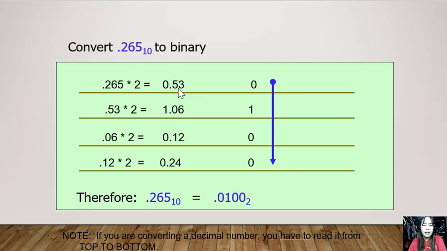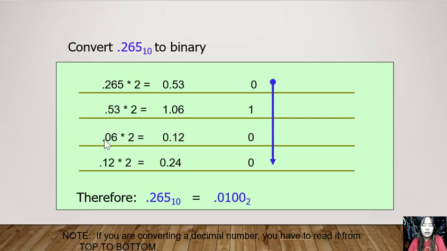Unlike the previous example, because it's a decimal number, you take note of the whole number and focus on the decimal part. Here the whole number is 0. You put that aside and focus on the 0.53. So 0.53 times 2 is 1.06. Again, you set the whole number aside and focus on the 0.06.